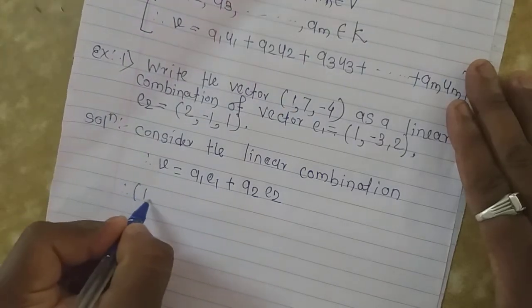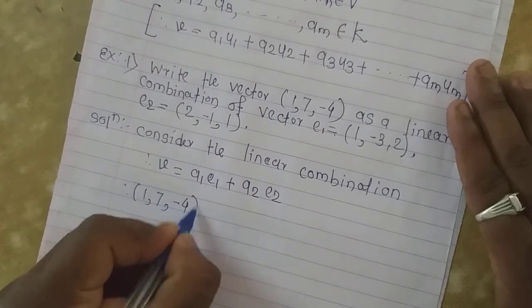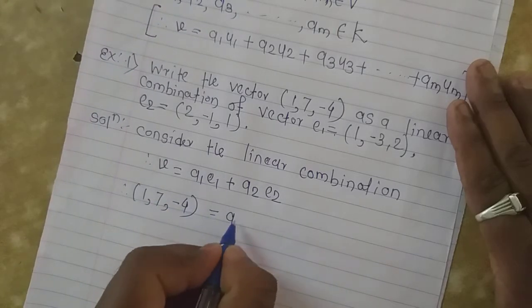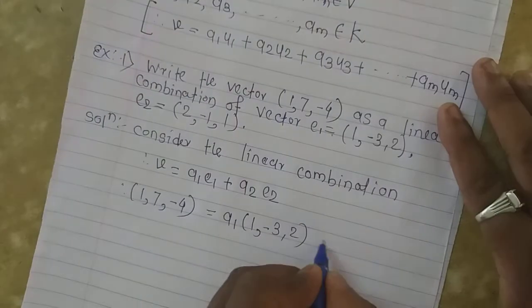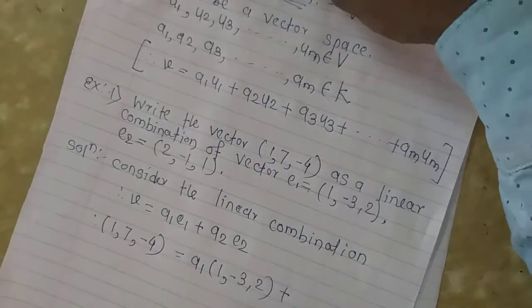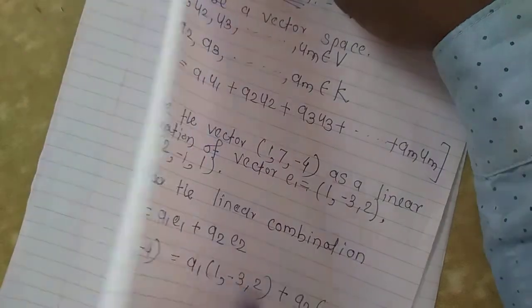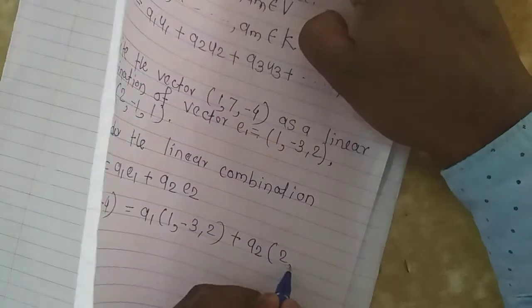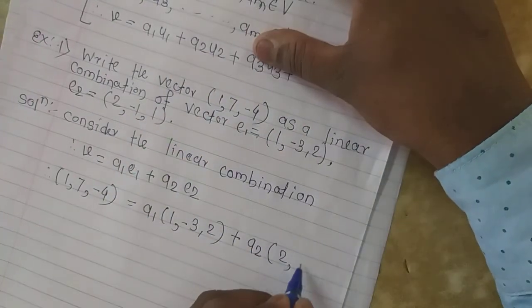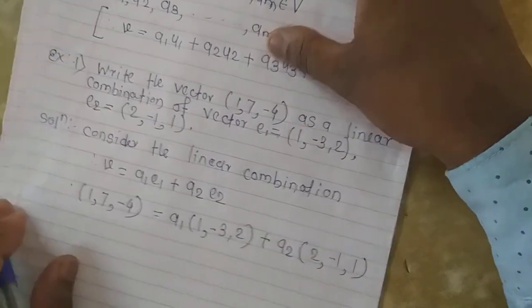Small v, (1, 7, -4), is equal to a1 times e1, (1, -3, 2), plus a2 times e2, (2, -1, 1).